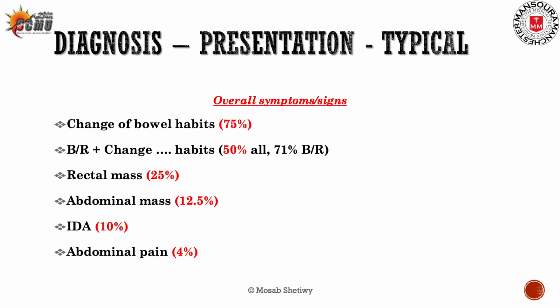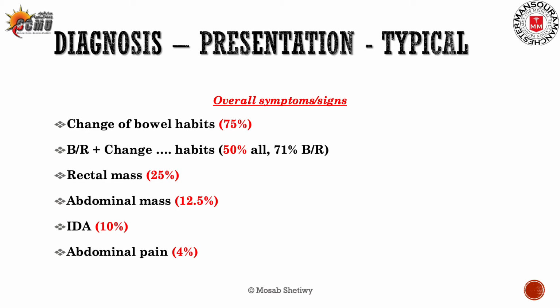So let's take an overall view of typical presentation of colorectal carcinoma. 3/4 of the patients present with change of bowel habits. About half of them will be having the most common symptom combination, which is bleeding per rectum and change of bowel habits.